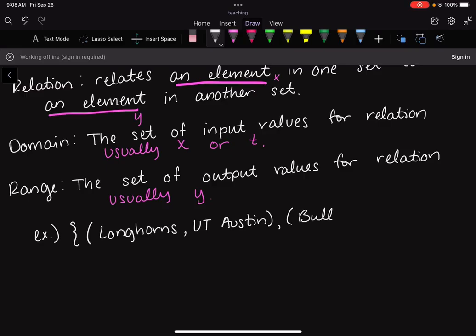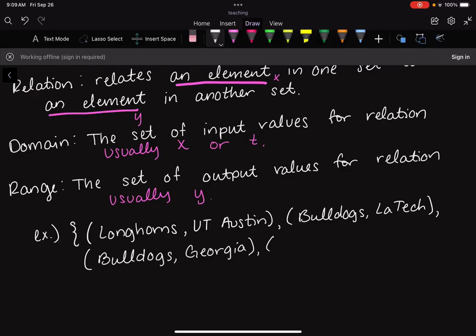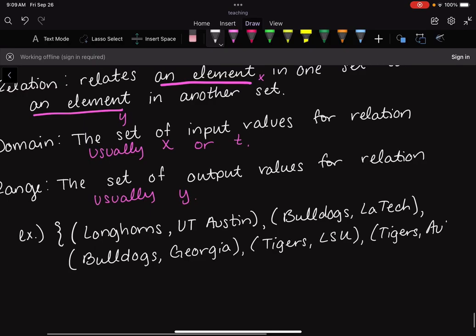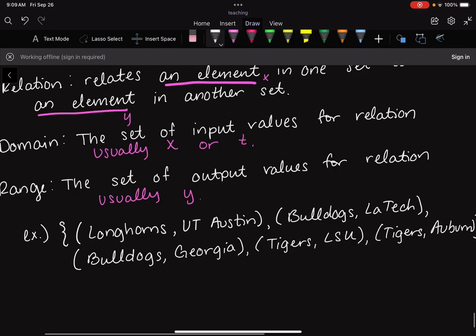We'll have Bulldogs and LA Tech, or La Tech, I think is how we are technically supposed to say it. Bulldogs and Georgia. So these are like mascots. We've got Tigers for LSU. And we have Tigers for Auburn. Kind of ran out of space there. Sorry about that.